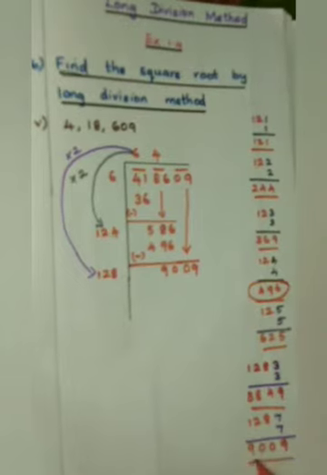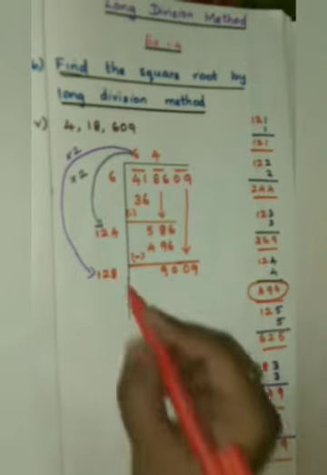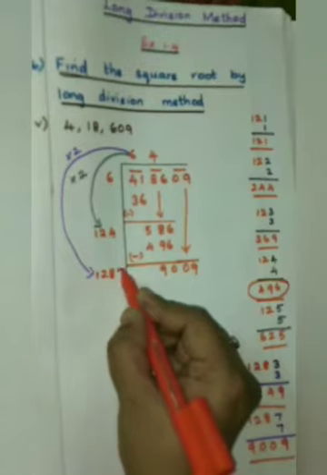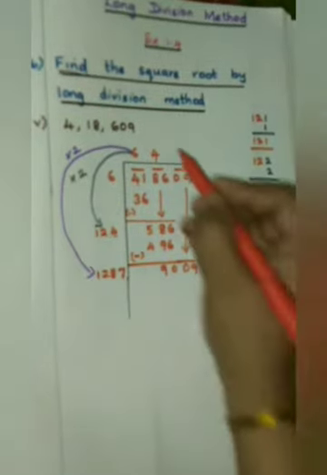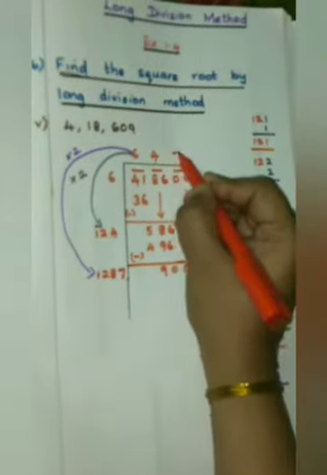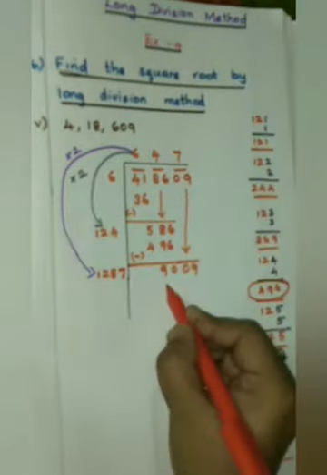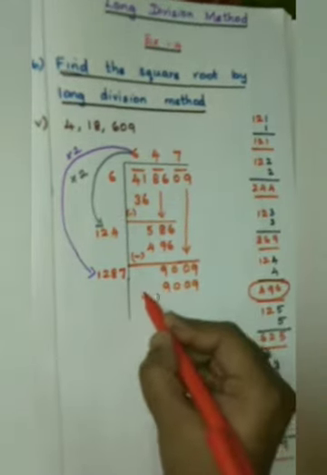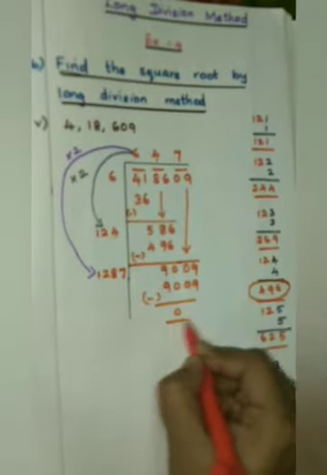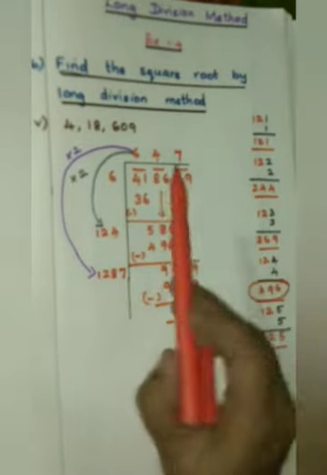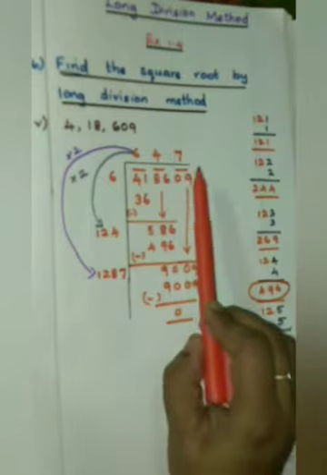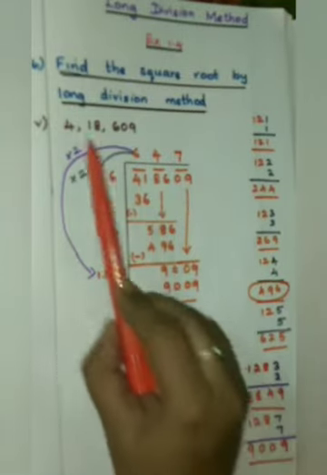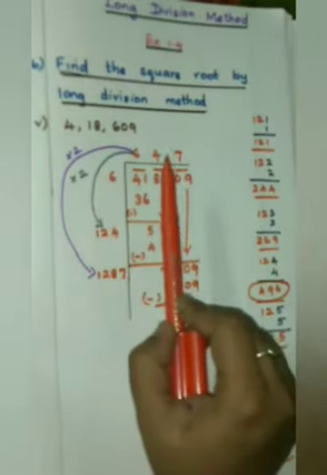I got 9009, so the required digit is 7. Put 7 in the quotient also. Now write 9009 below 9009, subtract it. We get 0 as the remainder. So the quotient 647 is the square root of 4,18,609.